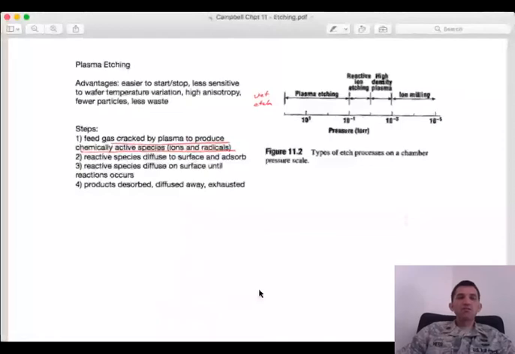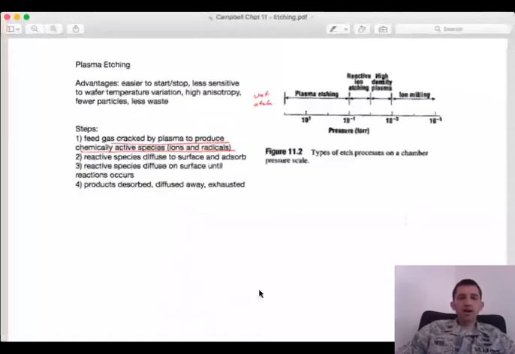So the rate of the reaction increases very rapidly with temperature, and if you have a temperature variation, then a wet chemical etch is going to have a change in etch rate. So temperature uniformity would be very important to achieving uniform etching. With plasma etching, it's not as sensitive to that, for reasons which we'll talk about here.